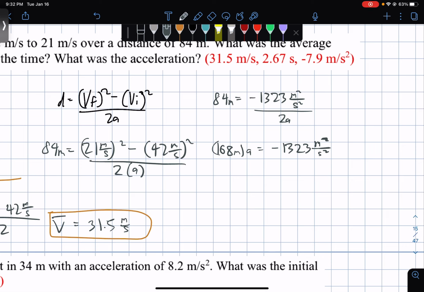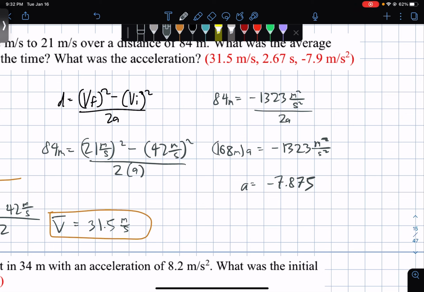Okay, 1323 divided by 168, that is 7.875. Don't forget the negative sign. One is negative, one is positive. Either multiply or divide, the answer is always going to be a negative value.